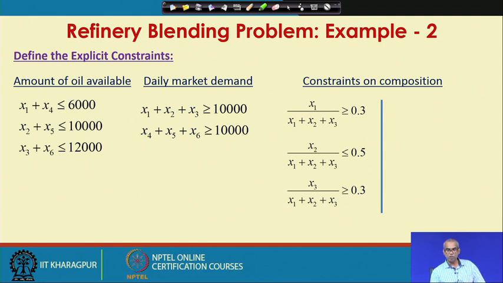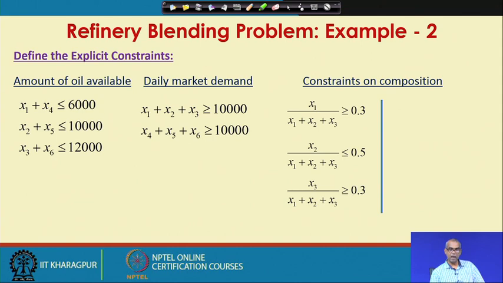Similarly, the composition constraints. Note that x1 by (x1 plus x2 plus x3) is greater or equal to 0.3. That means at least 30% A. Similarly, the next one is x2 by (x1 plus x2 plus x3) is less or equal to 0.5.